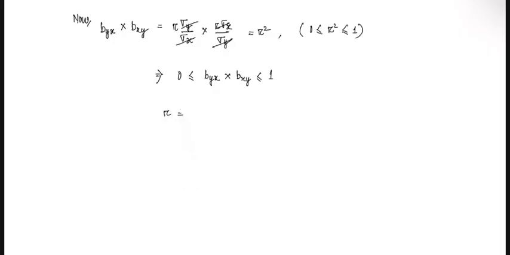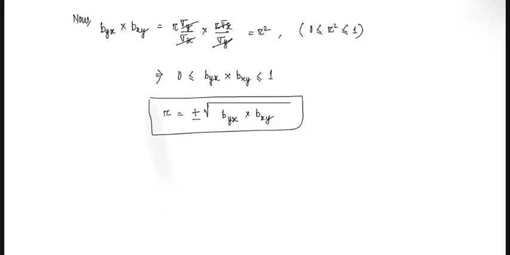So if you need to find the value of r, you need to simply take the root of bxy, that is, the slope of y on x multiplied by the slope of x on y. The value in front will be plus or minus.